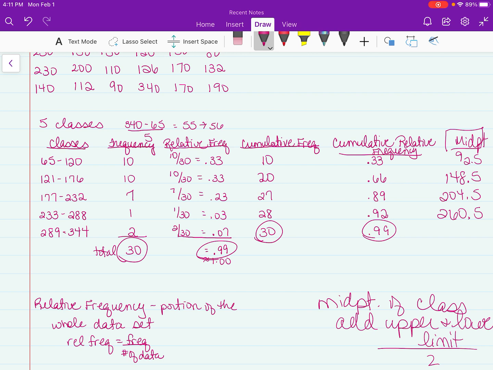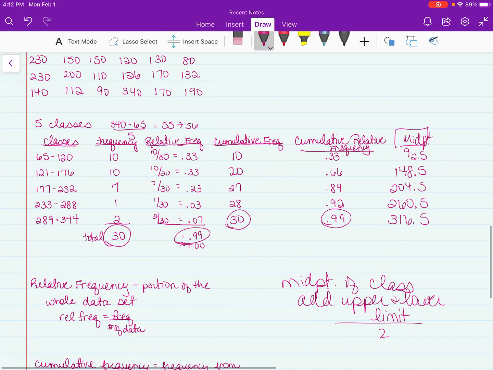And the next one would be 316.5. So that gives you each of the frequencies, relative frequencies, cumulative relative frequency, and cumulative frequency.